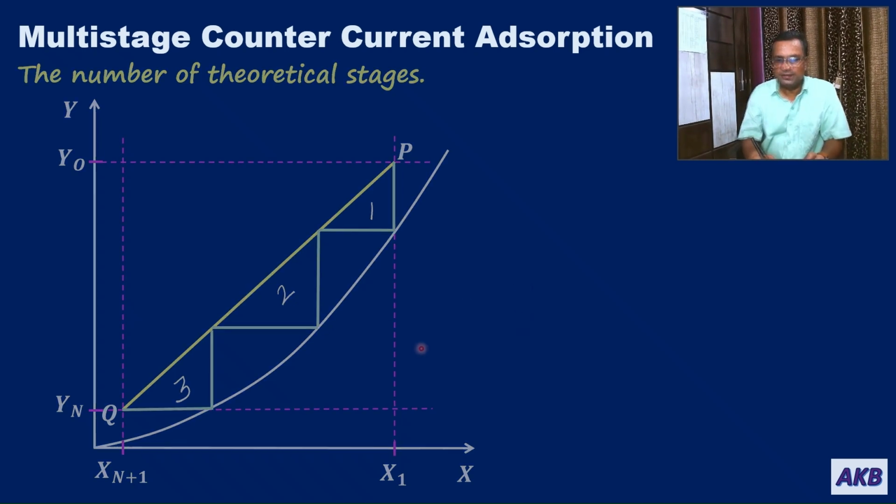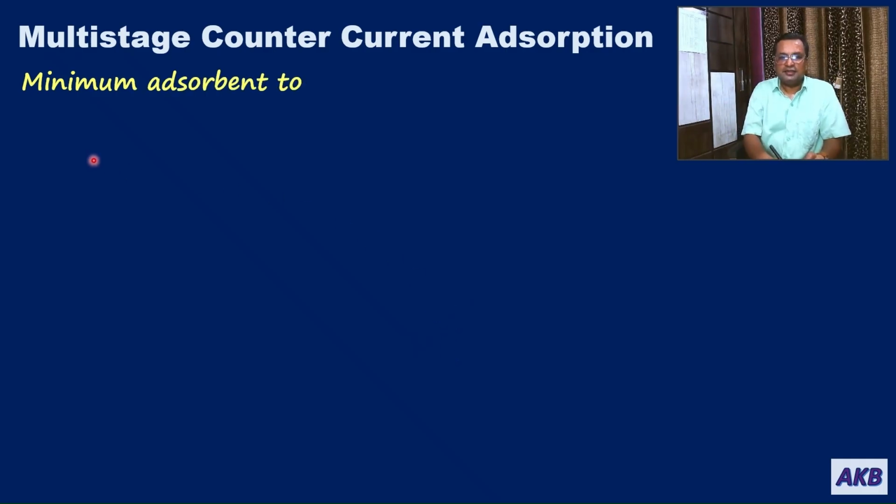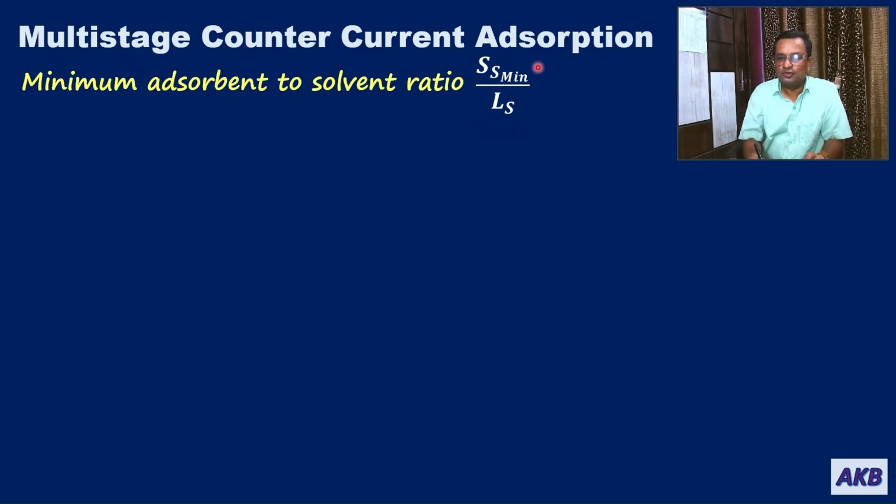Let us move ahead. Then there is another concept. What is that? The concept of minimum adsorbent to solvent ratio. So that means it is the operating line which has a slope of SS minimum by LS, where you have the minimum value for the slope. So this is called minimum adsorbent to solvent ratio, SS minimum by LS.